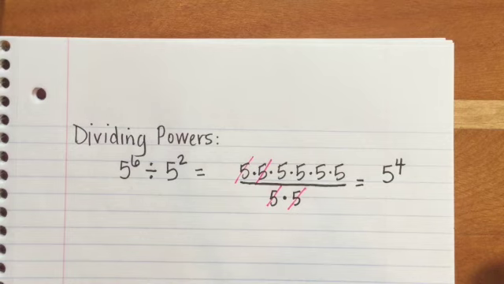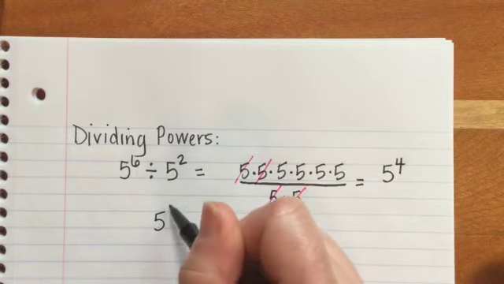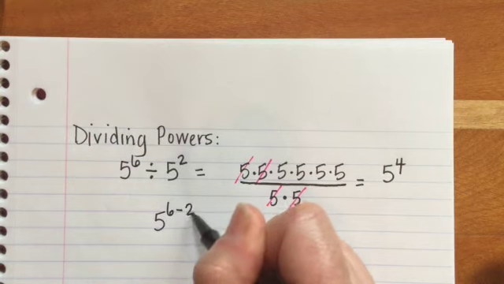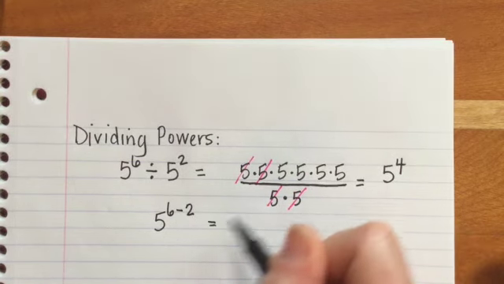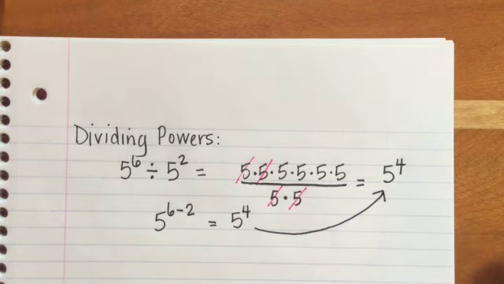So look at the relationship there, the relationship between 6 and 2 and 4. So this time I didn't add the 6 and the 2. What I actually did was I subtracted the 6 and the 2. So that is where I get 5 to the 4th power.